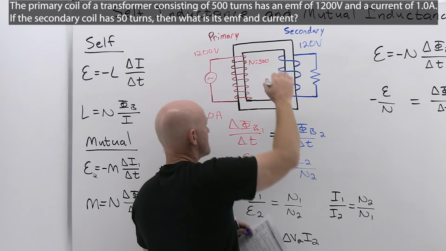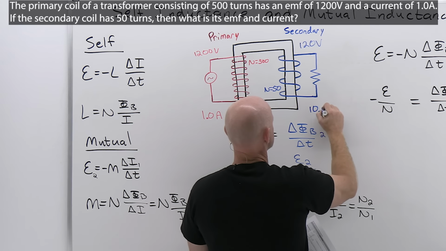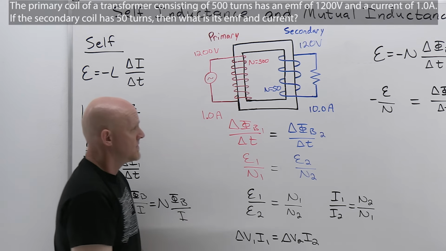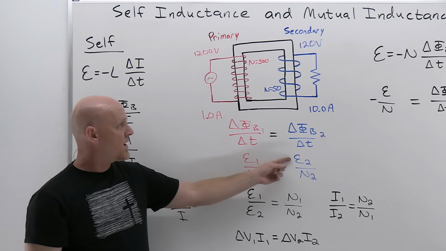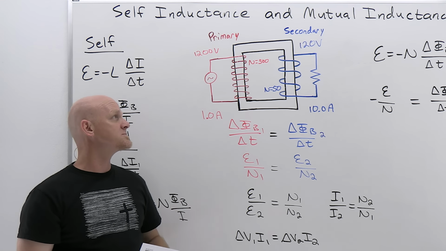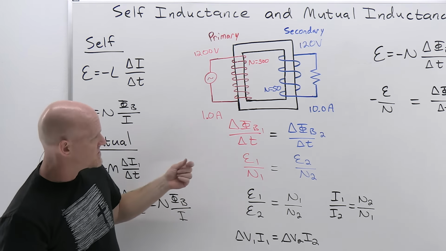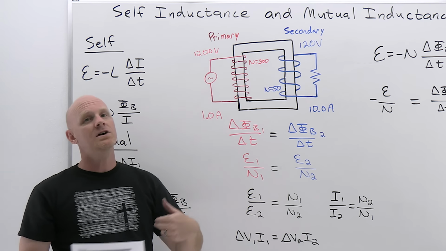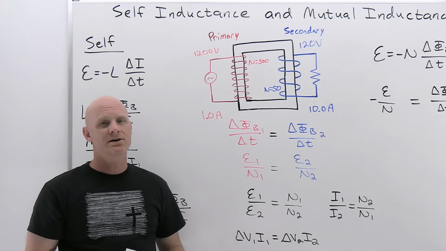A 10-fold reduction in turns, a 10-fold increase in the current. It's now going to be 10.0 amps instead. Cool, and again, you could get that using these equations. It would lead you to exactly the same numbers, but I made them nice so we could at least see in principle that the change in the number of turns is proportional to the change in the EMF and inversely proportional to the change in the current.